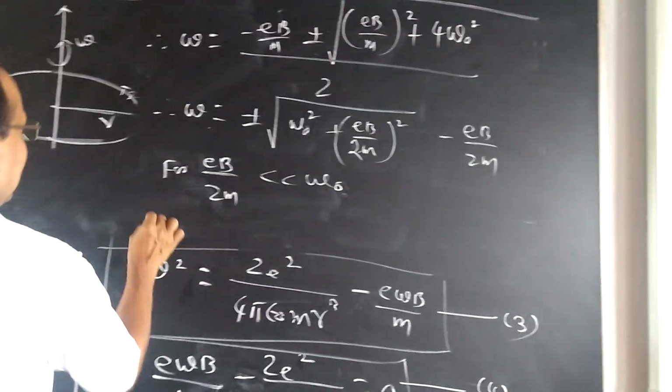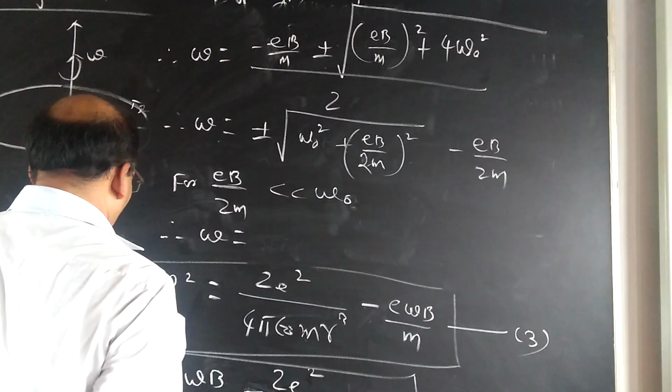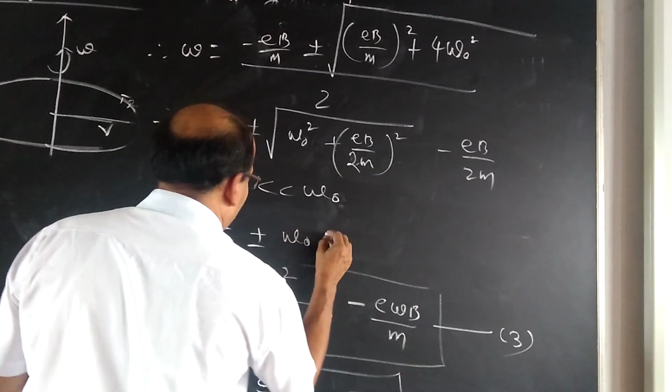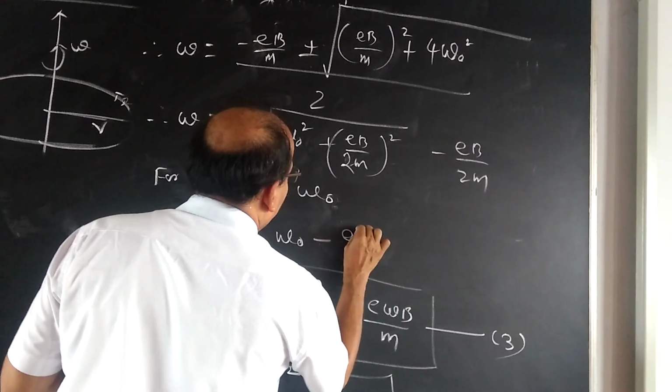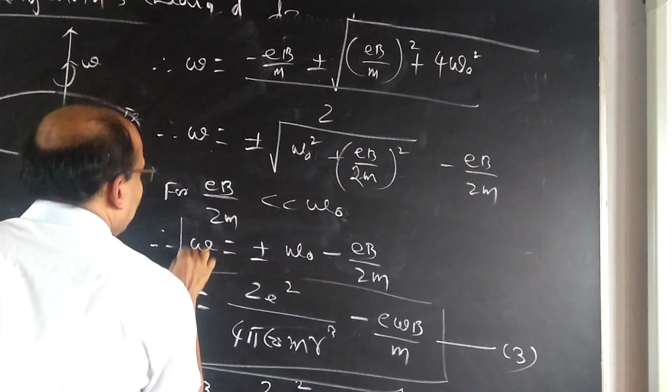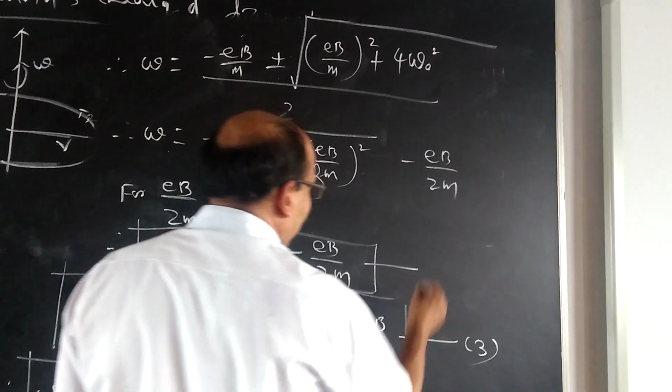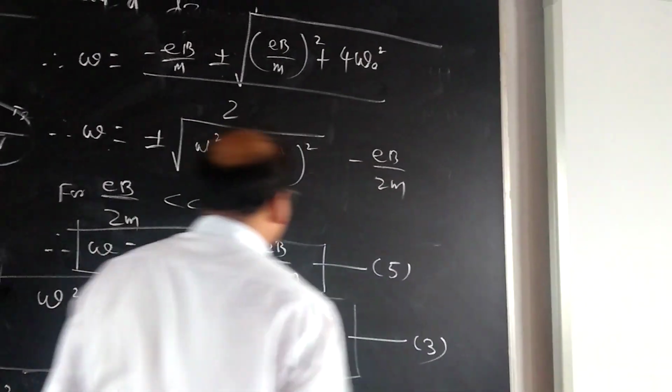In such cases, straightaway you can write omega as plus or minus omega naught minus eB upon 2m. So this is a very important expression that we can derive and name it equation 5.